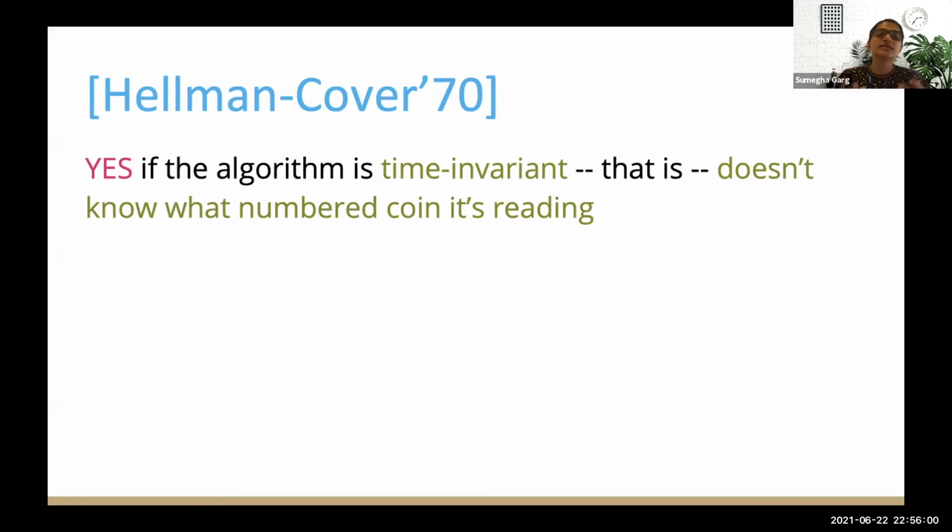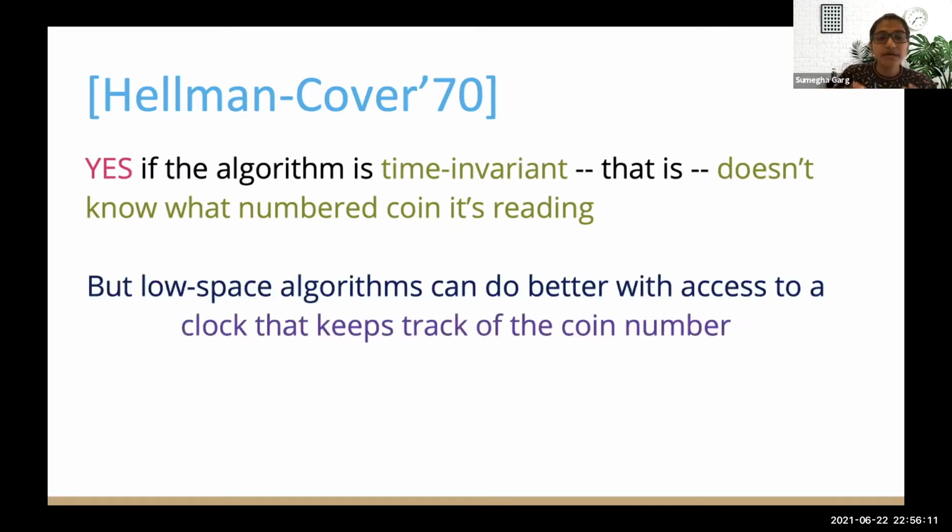This paper says that a log k space algorithm can detect a bias of at most, sorry, at least 1 by k. But the question we ask is, can low space algorithms do better with access to a clock that keeps track of the coin number? The memory required to store which coin we are reading is not counted in the space of the algorithm.